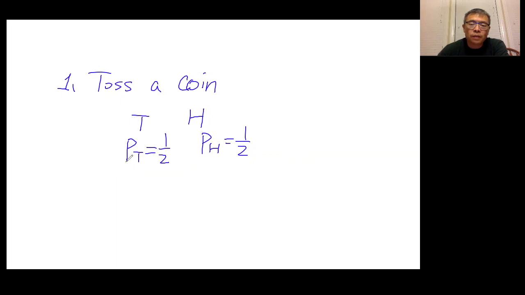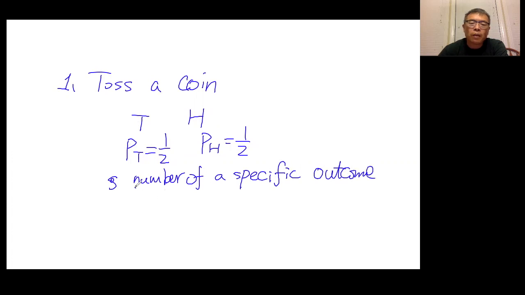But out of the simple case, we see some general features about probability. Firstly, to calculate the probability of getting something, you take the number of a specific outcome divided by the total number of outcomes.